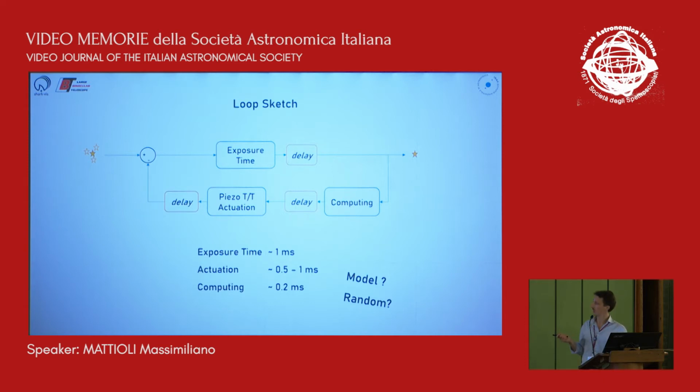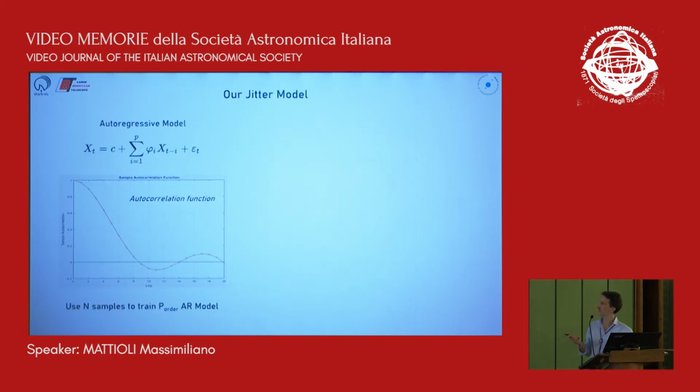But which model can we use when we have a process which is almost random? Our answer is to use an autoregressive model, which is a representation of a stochastic process.